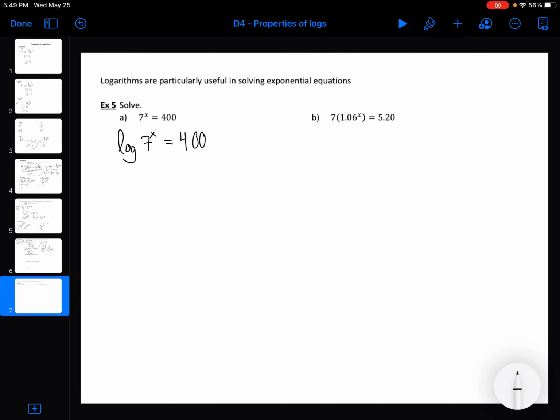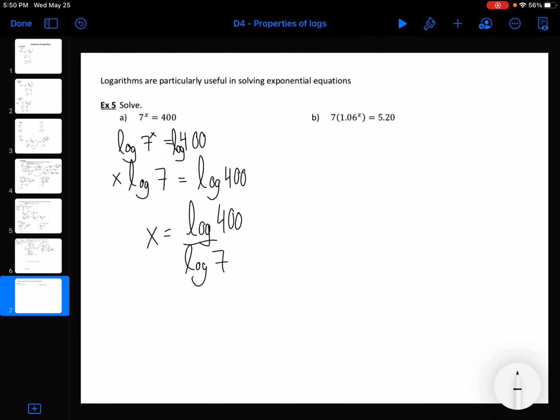Then I'm going to bring that x down, so we get x times the log of 7 equals the log of 400. And then x is equal to the log of 400 divided by the log of 7. I'm not going to put this in because it's going to be a big long decimal, but that's where that answer came from in grade 11. This is the stuff that we're using now.